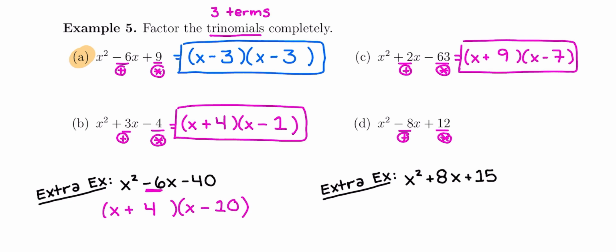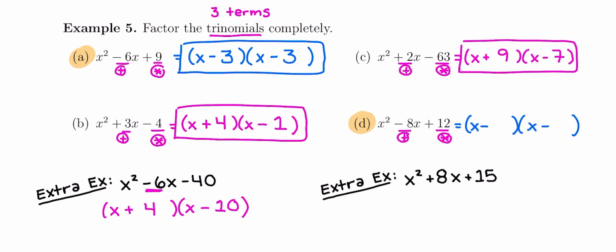Let's try that again with some new numbers. For letter D here, we want to add up to be a -8 and multiply to be a +12. So to multiply to be a +12, I can have two positives or two negatives. Well, which type is going to add up to be that -8? Two positives are not going to add up to be a negative, so it must be two negative factors. And I want factors of 12, so 12 and 1 would multiply to be 12.